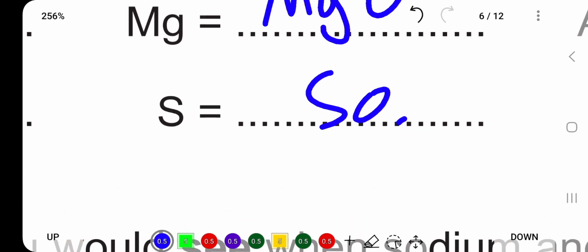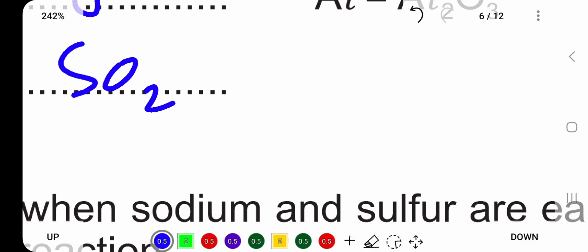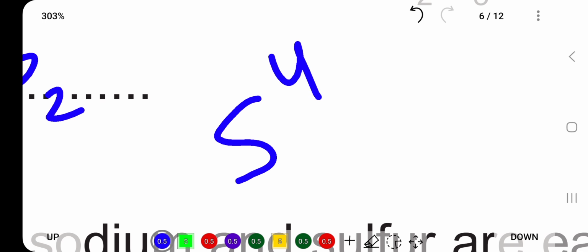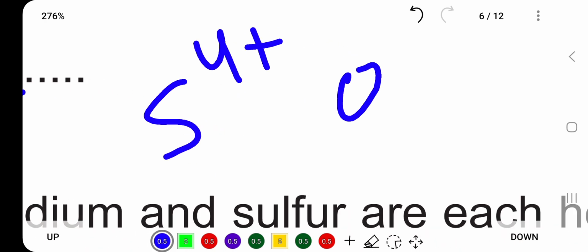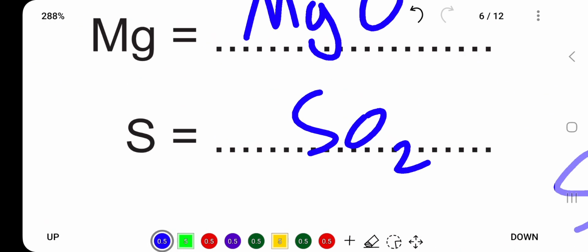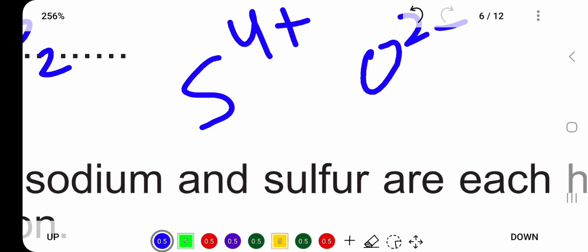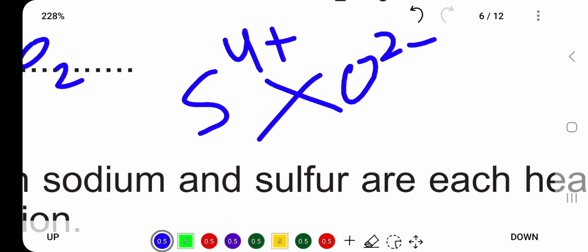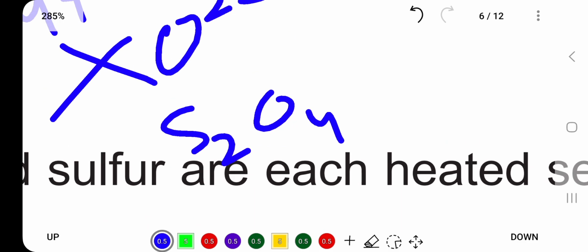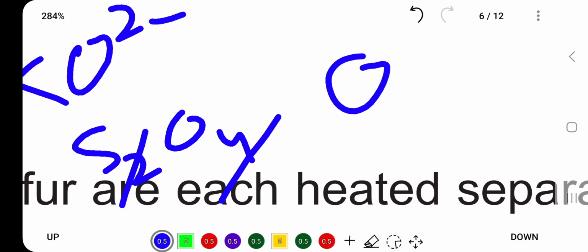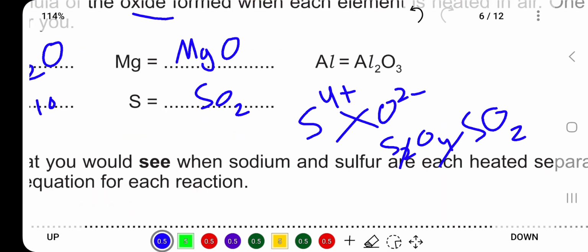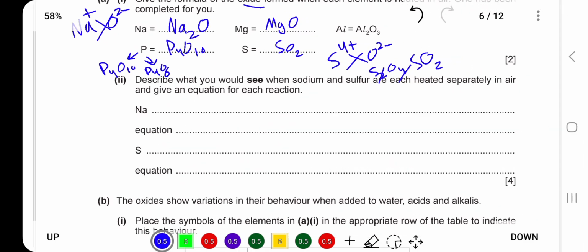S is SO2 if you wonder how. S is 4 plus. O is 2 minus. By the way, it's a macromolecule. Cross multiply. S2, O4. Simplify them. SO2. Alright?